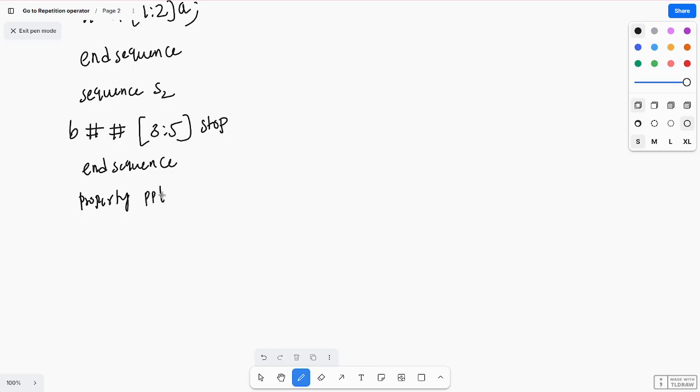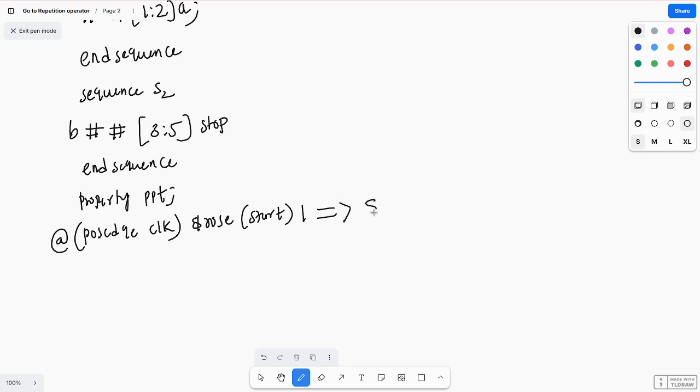Next I am writing the property ppt at the rate posedge of clock, dollar rows, start 1 with the non-overlapping implication operator.